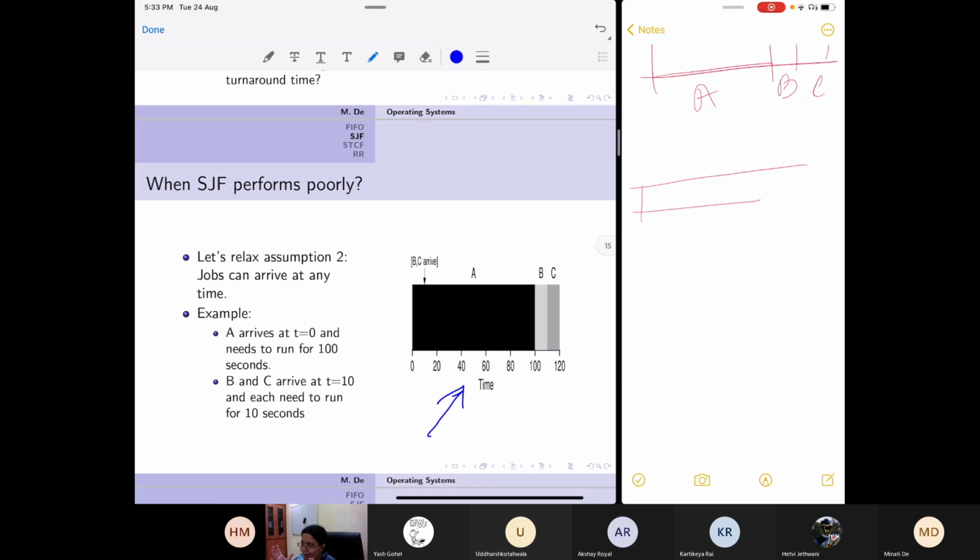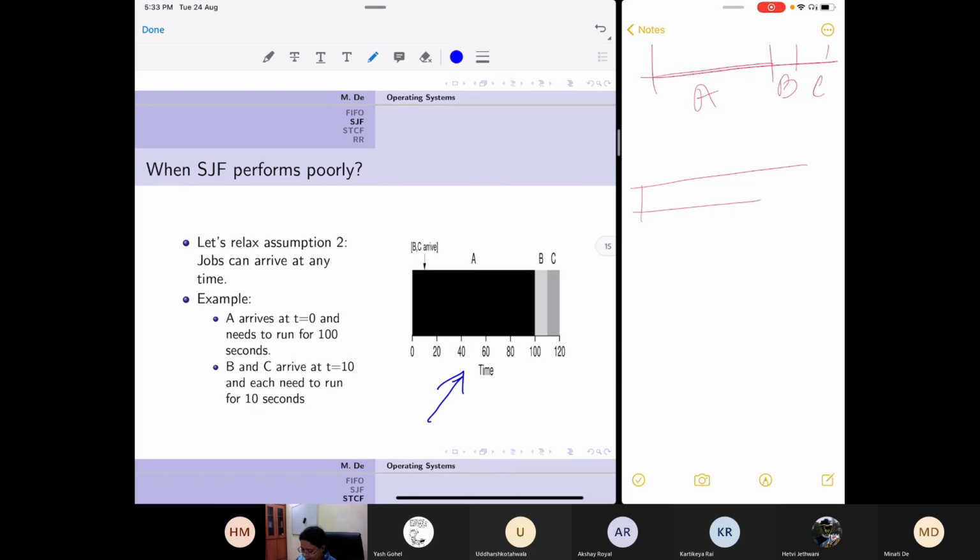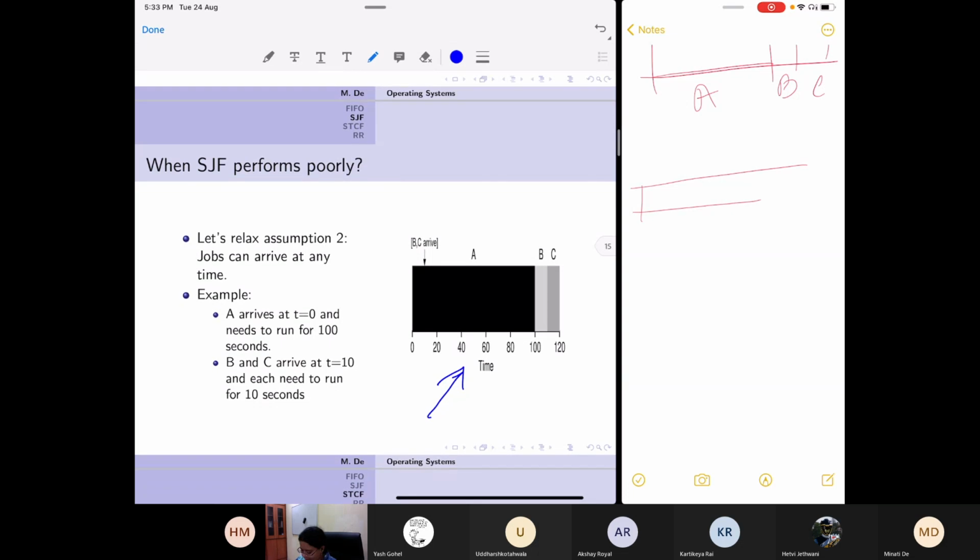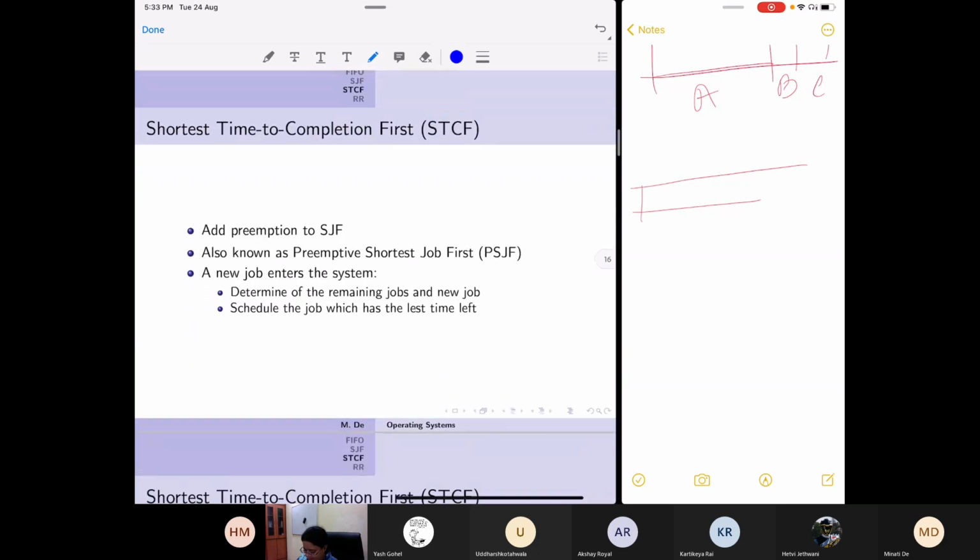That's another motivation to introduce preemptiveness in your system. If you want to introduce that preemptiveness, then you can update your SJF, shortest job first, which will consider the shortest remaining job first. Or maybe the term is shortest time to completion first. It's exactly the same as SJF, just you have introduced preemptiveness, right?